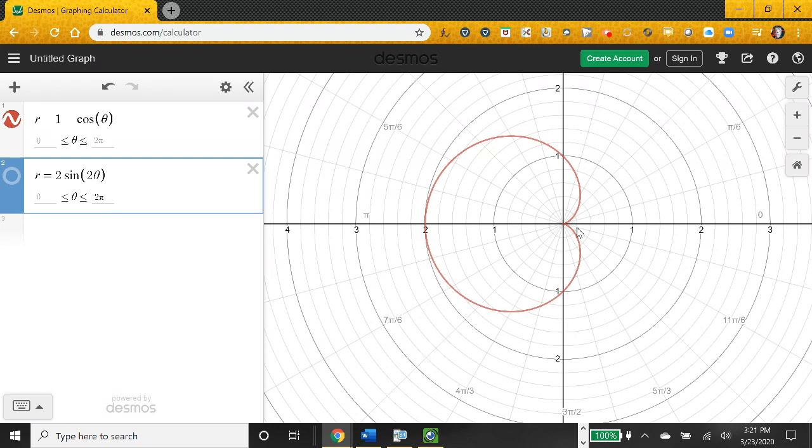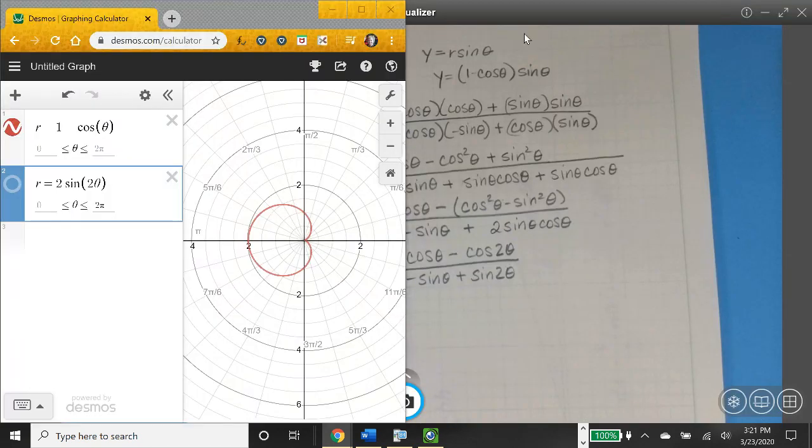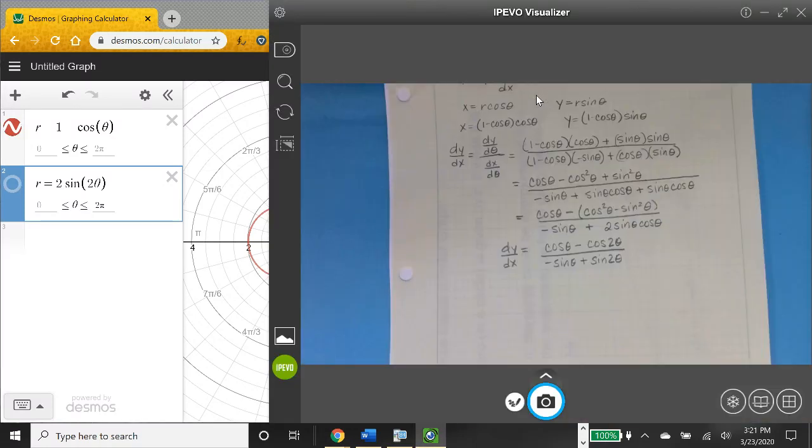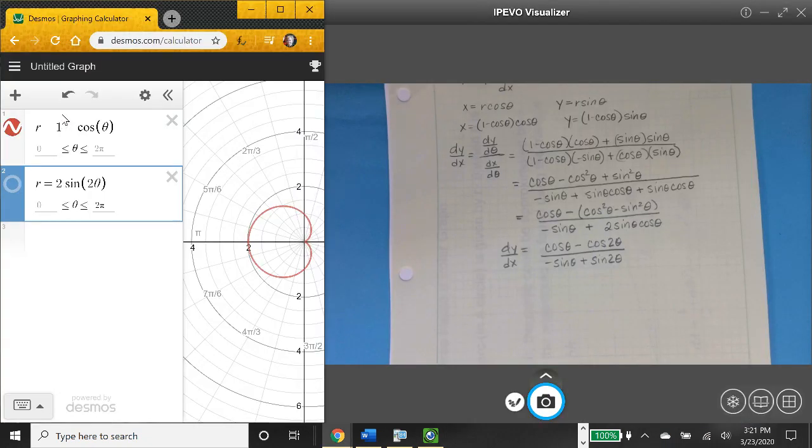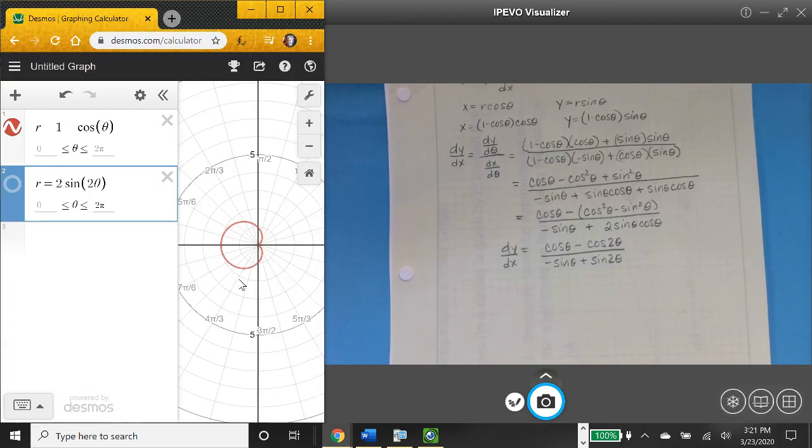This is a curve, and slopes need to be found. So now we have the expression for the slope. Anyway, we have the equation for the slope.